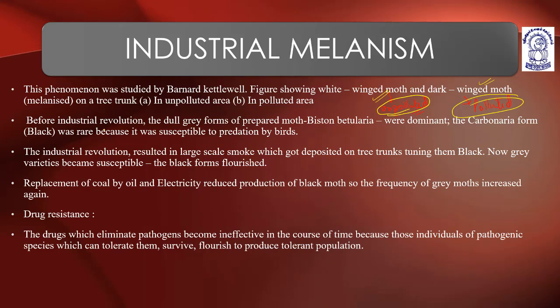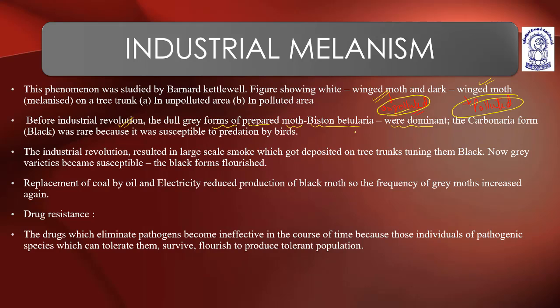Before the Industrial Revolution in the cities of Europe, the dull gray form of the peppered moth, Biston betularia, was dominant. The dull gray form was dominant before the Industrial Revolution began in the regions of Europe.